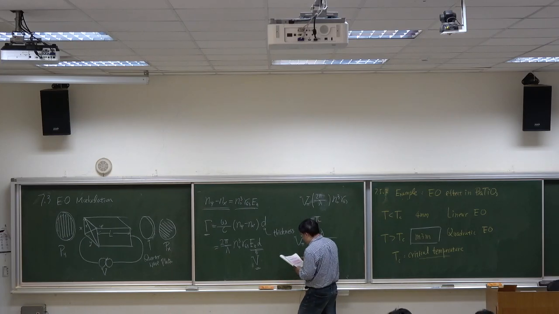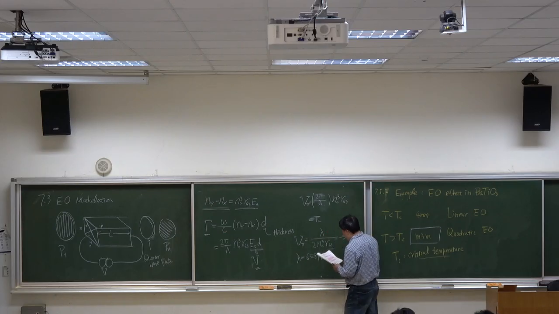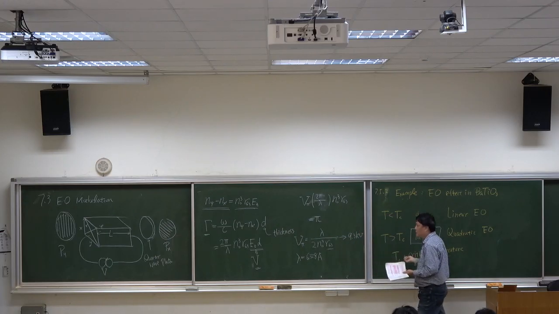For example, lambda is equal to this. And the final result we find is about 9.3 kV, which is a high voltage. Okay.